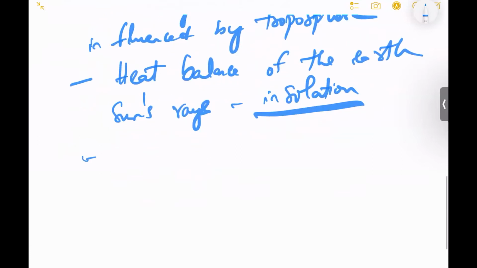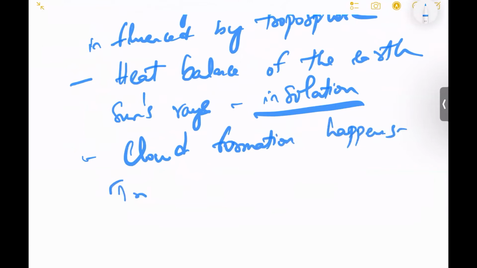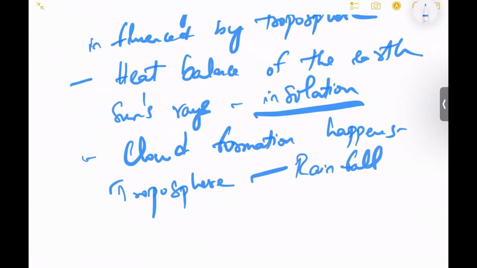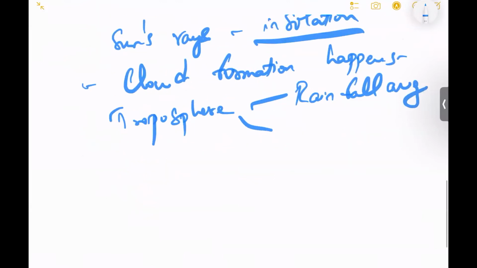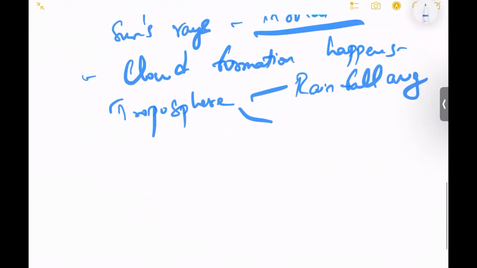And then since the cloud formation happens at the troposphere, it determines two things. One is the average rainfall, and another, the radiation absorbed. What is the radiation absorbed?